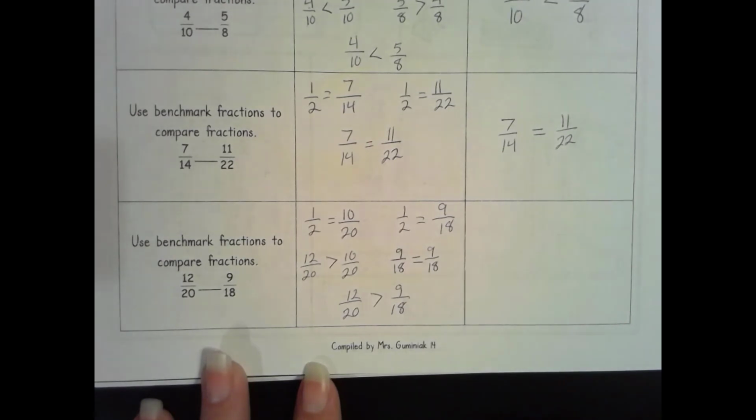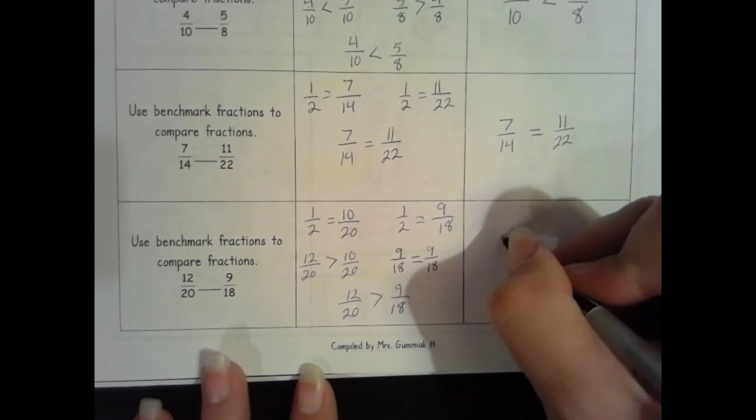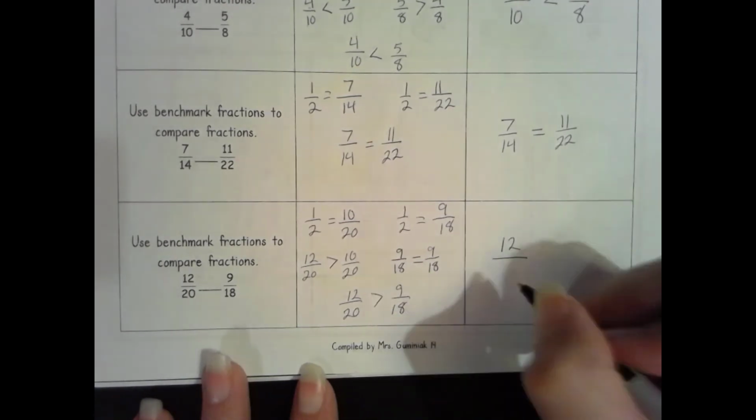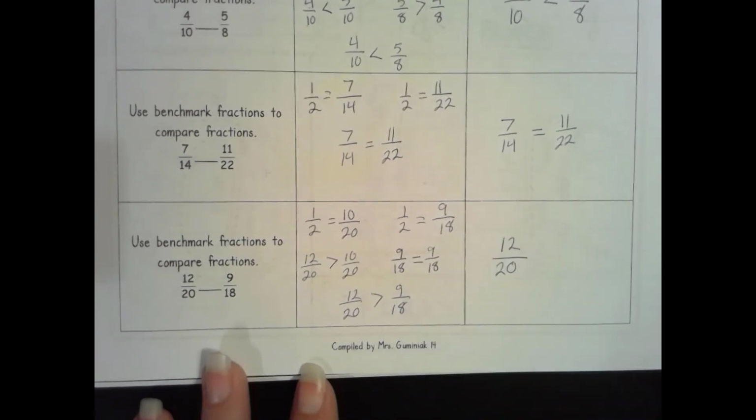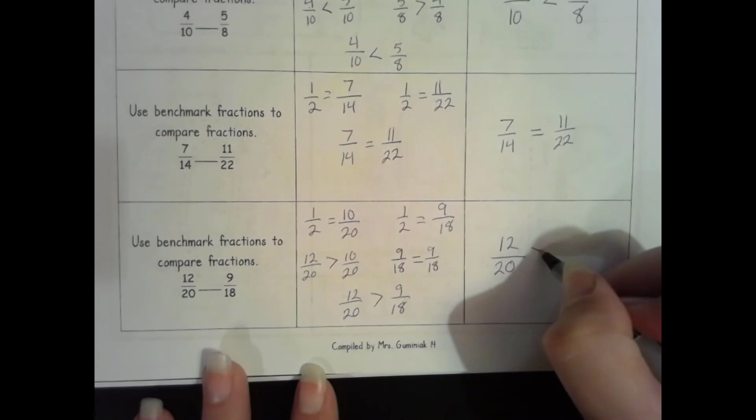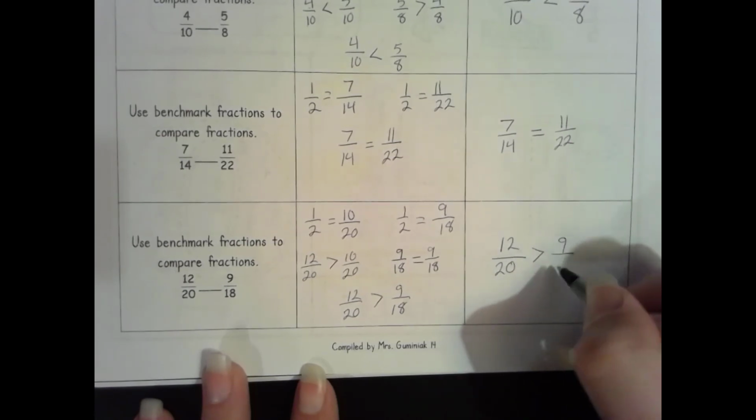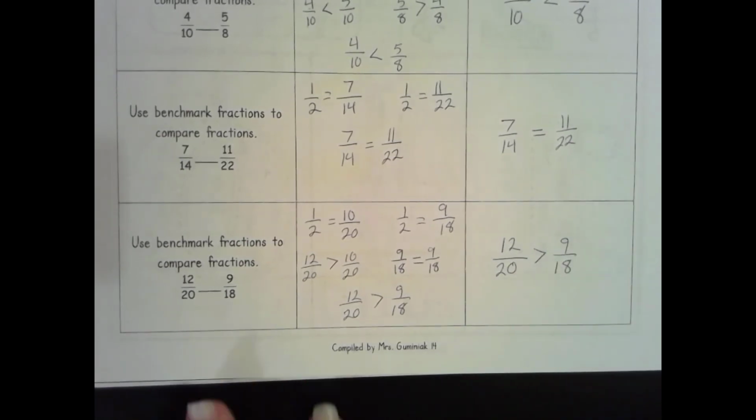This is using our logic, looking for patterns and coming to conclusions using those mathematical practices. So 12/20 is greater than 9/18. Right, so we're going to do some more comparing fractions using our benchmark fractions, using that logic and understanding that reasoning with fractions. All right, thank you for joining me.